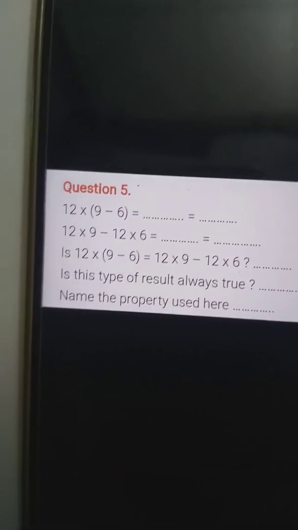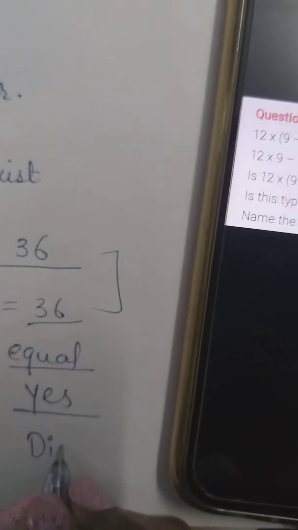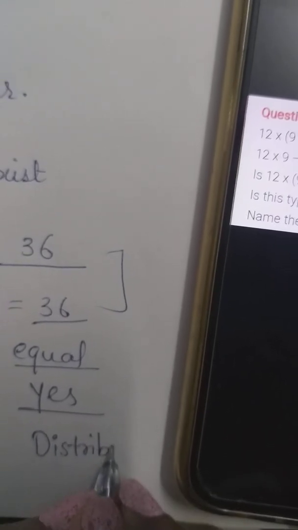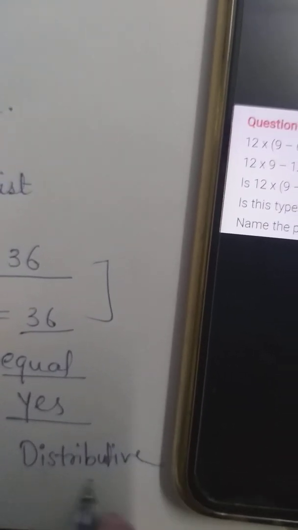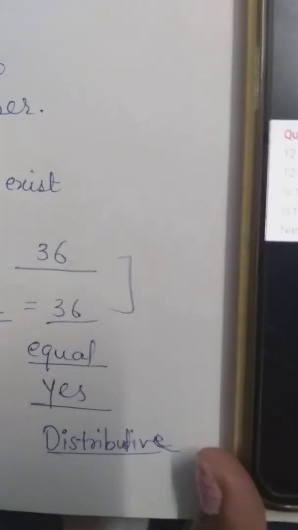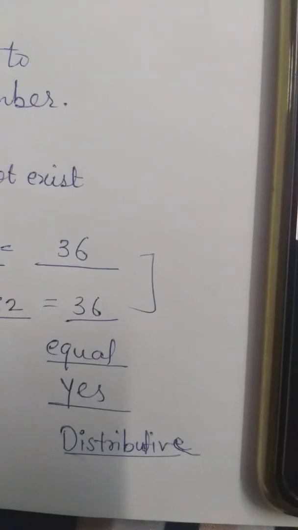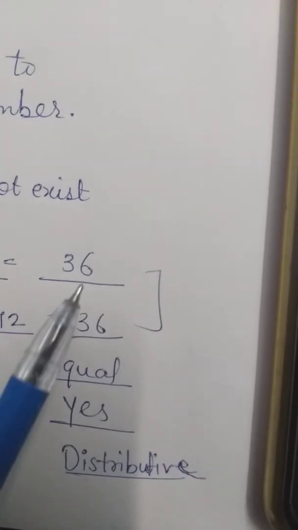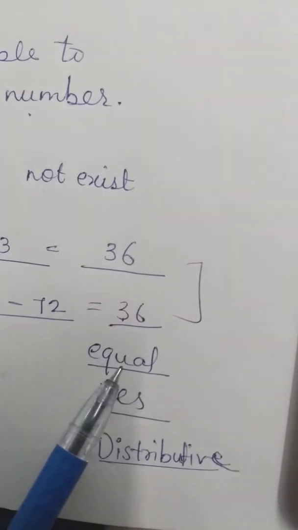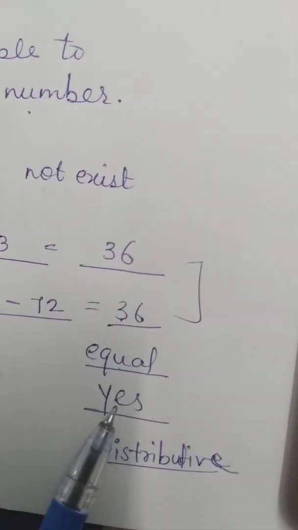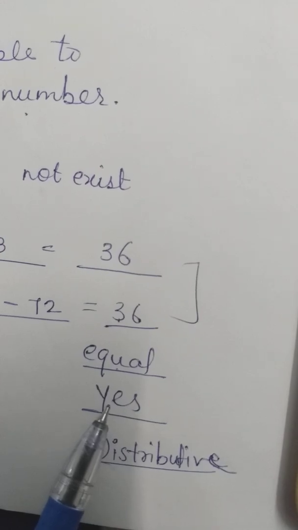Name the property used here. The property used here is distributive property. Okay. So first 36, second 36, third you will write equal, fourth yes. Is it always true? Yes.